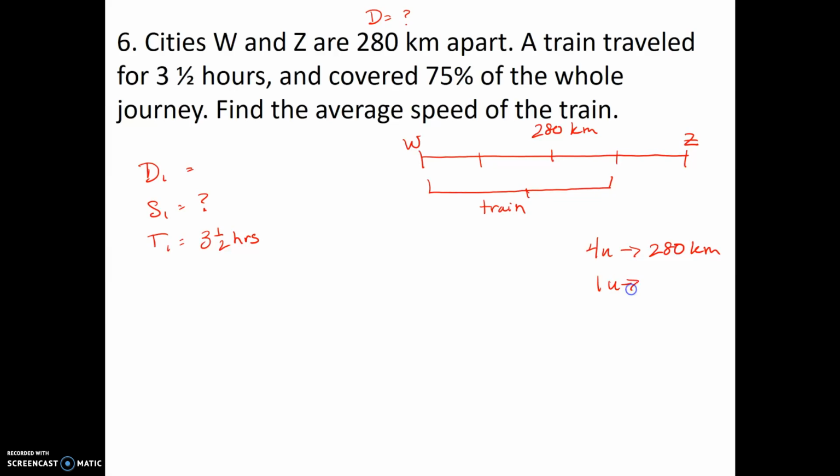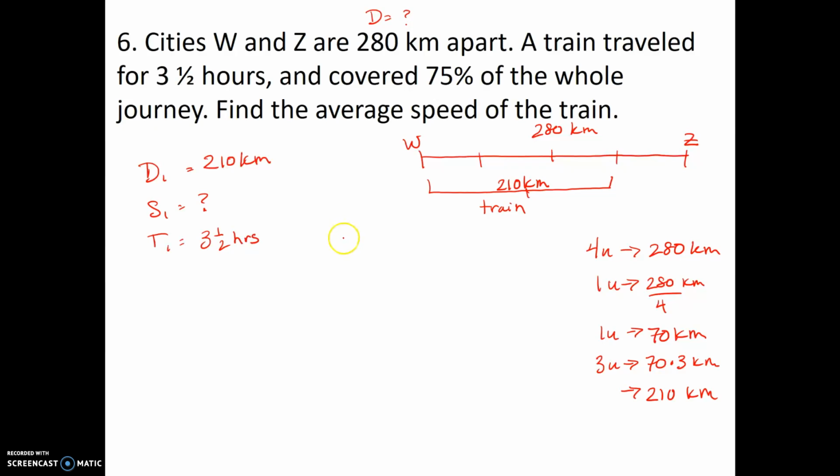So 1 unit is going to be 280 kilometers over 4, which equals 70 kilometers. Now I want to solve for 3 units. 3 units equals 70 times 3, which is going to equal 210 kilometers. So now we know our distance. We'll fill that in over here, 210 kilometers.